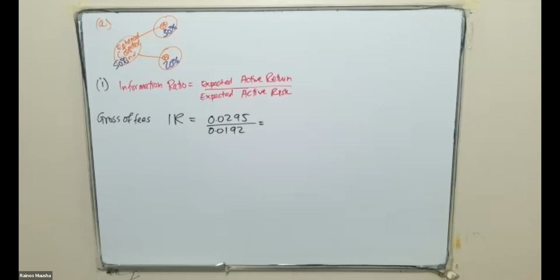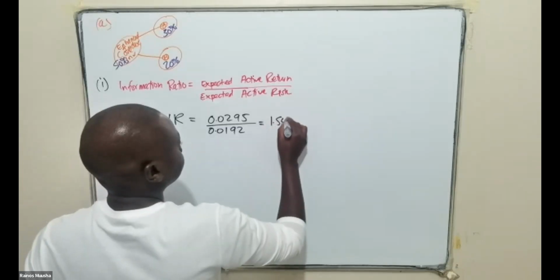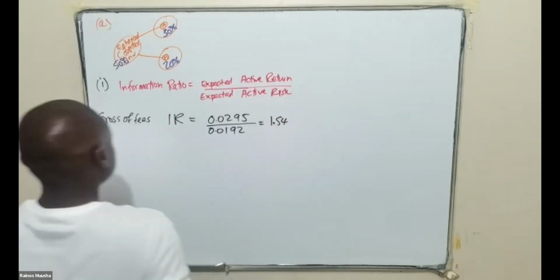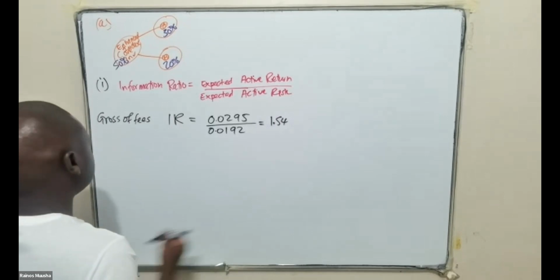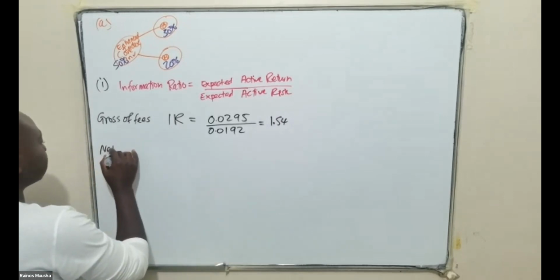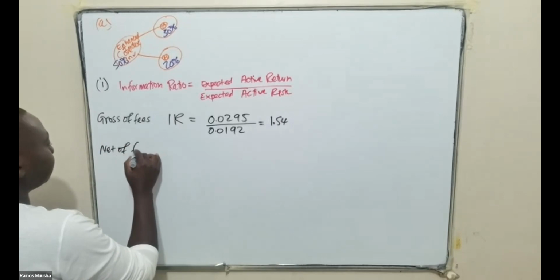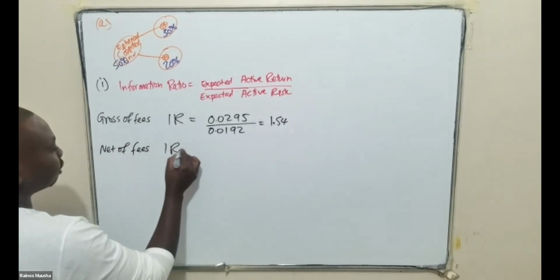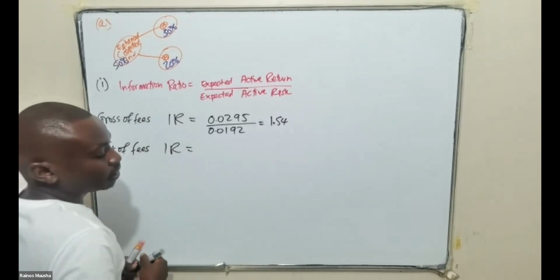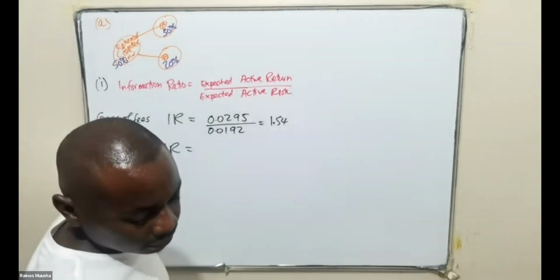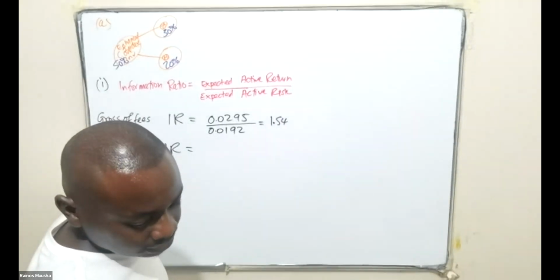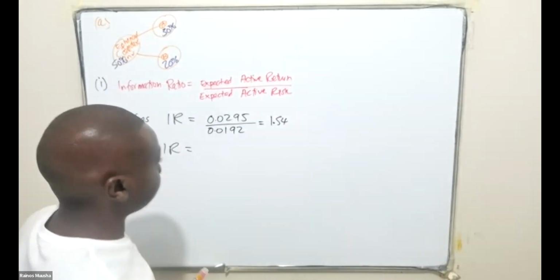How much do we get? We get a figure of 1.54. Then the net of fees information ratio would be, remember they tell us that the fees is 0.38%, isn't it?